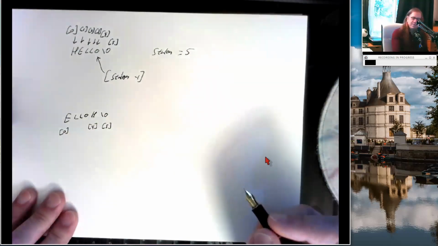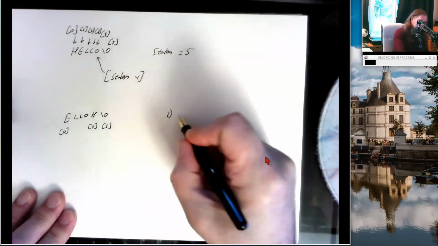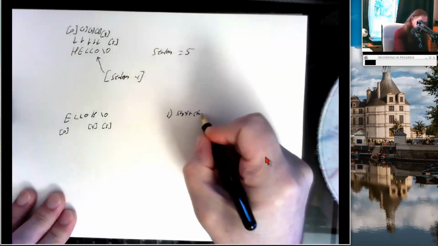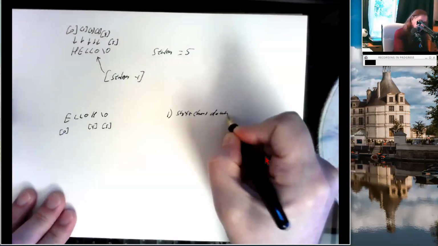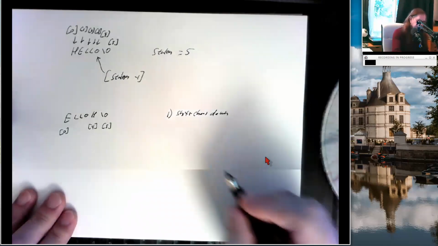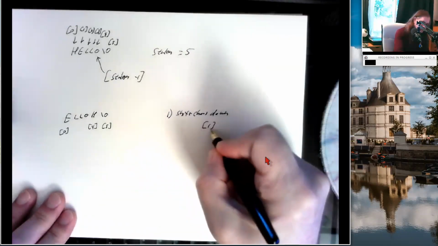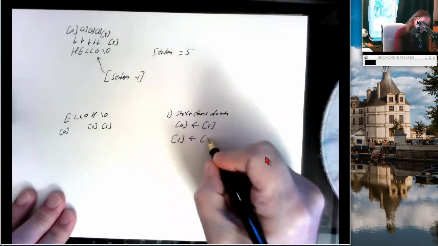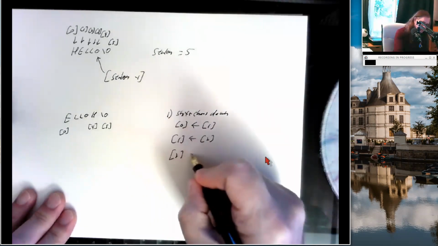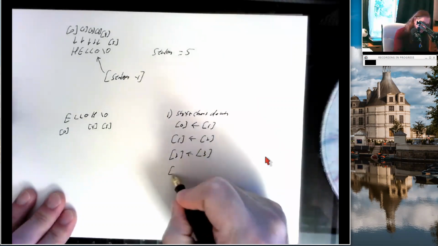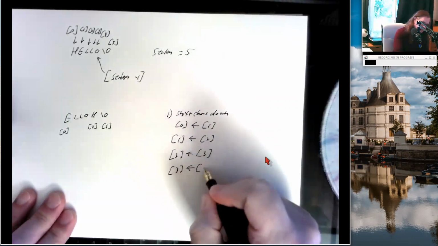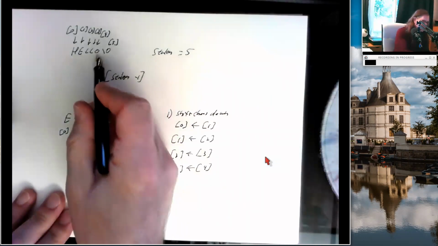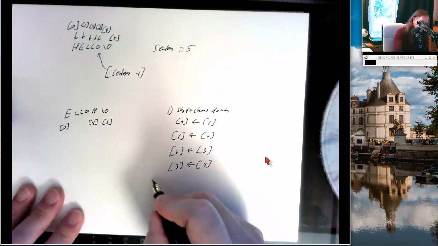So there's a few steps to this, right? First thing is, shift characters down. And what we want to do is copy from position 1 into position 0. Copy from 2 to 1. Copy from 3 to 2. And copy from 4 to 3. So the last one will take the O and copy it from there to here.